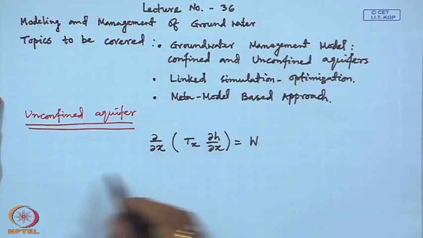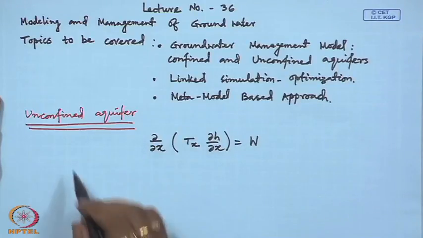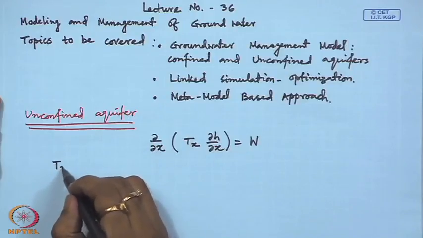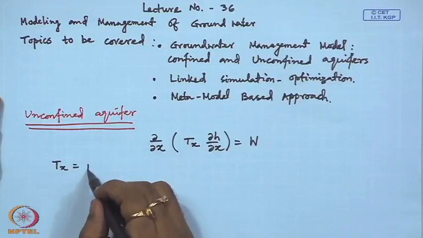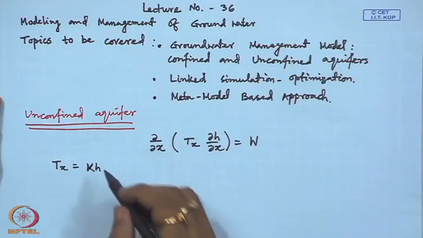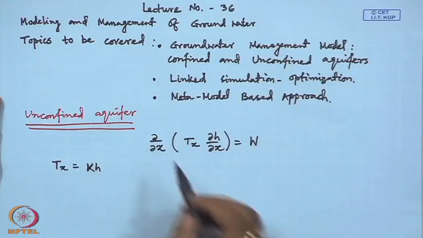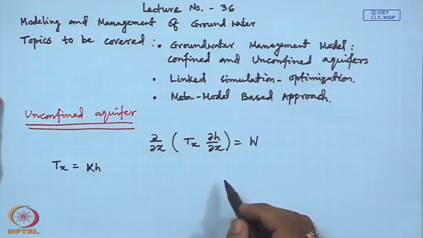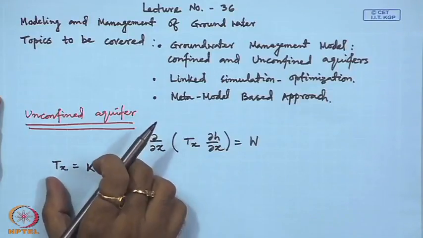In this one, Tx can be written as K H, where K is the hydraulic conductivity and H is the hydraulic head.